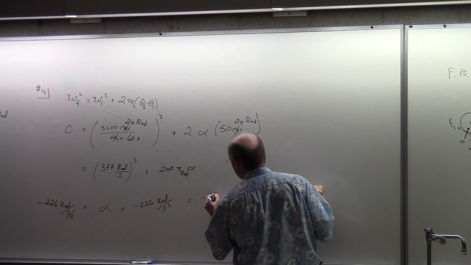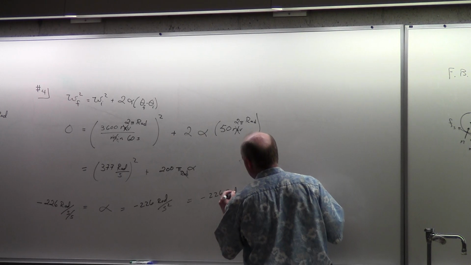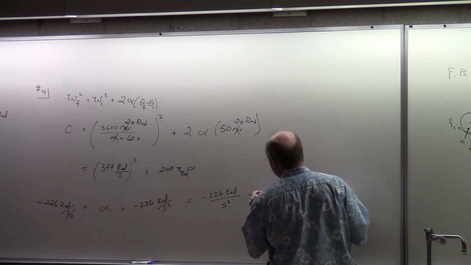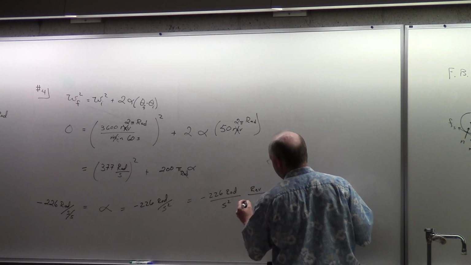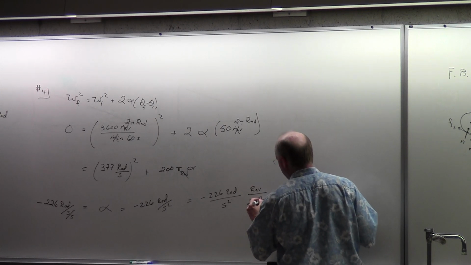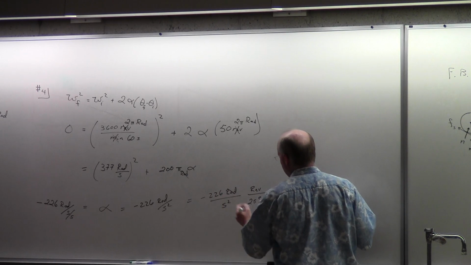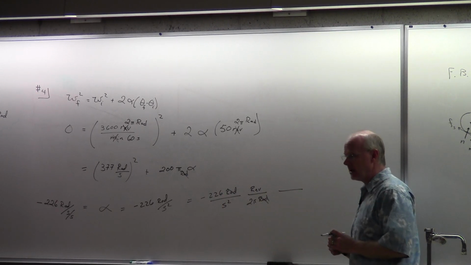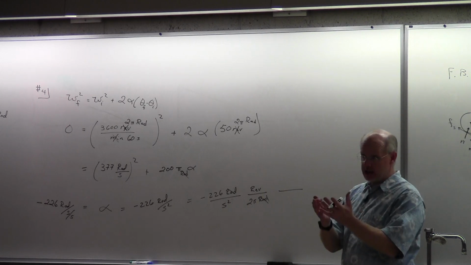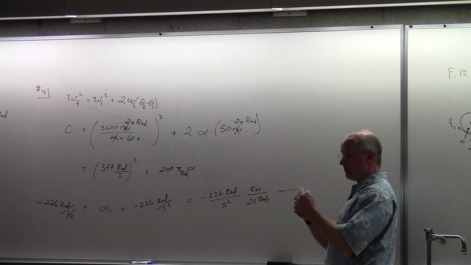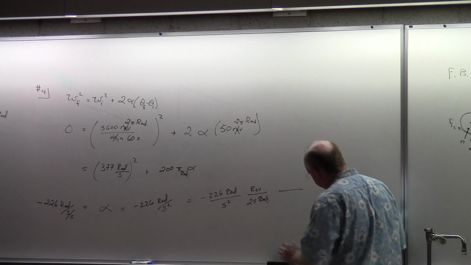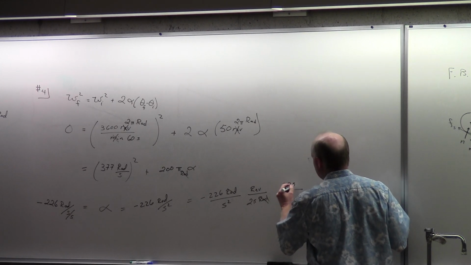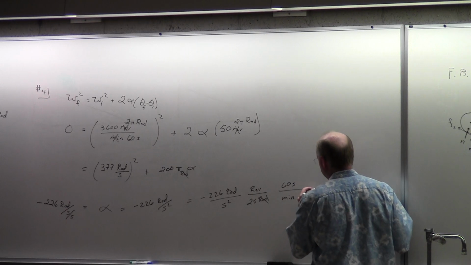Minus 226. This is radians per second squared. If I convert this back into revolutions per 2 pi radians, and then also convert, and here's where I was kind of hesitant because I would have mixed units. I mean, to get back, it should be revolutions per minute each second. All right, which is kind of weird, but I'll go ahead and put 60 seconds per minute here.